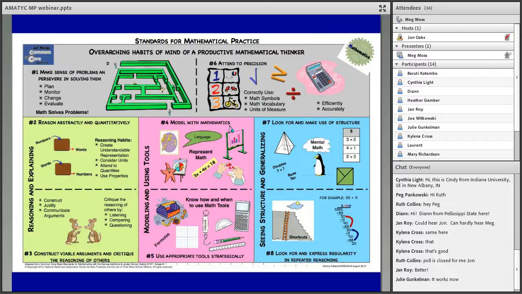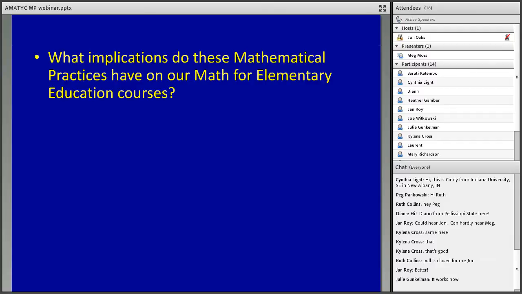But some of the questions that I've been wondering about and that I'm hoping we can discuss and think about here is, what implications do these mathematical practices have on our Math for Elementary Education courses? So what do you think about that? Put in the chat.